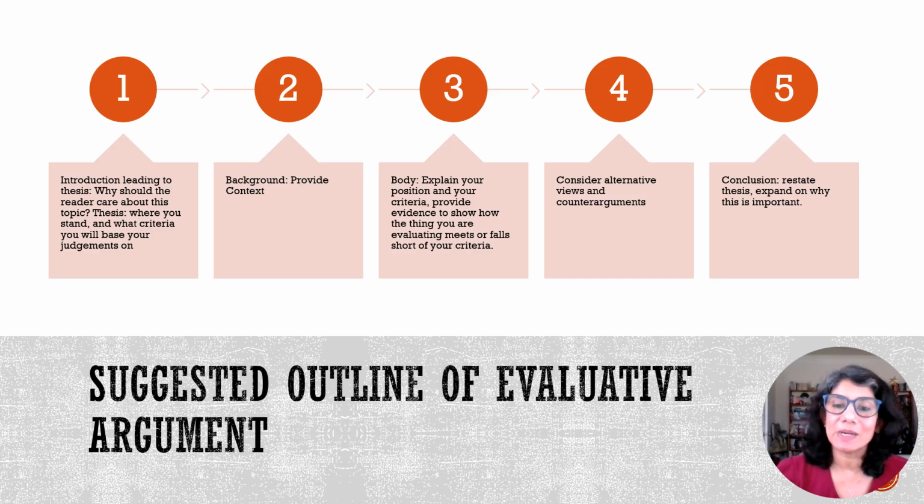Maybe a movie did really well because it arrived at a certain point in history when people really cared about that issue. So anything that gives context to your argument and helps the reader understand your point better falls under background.